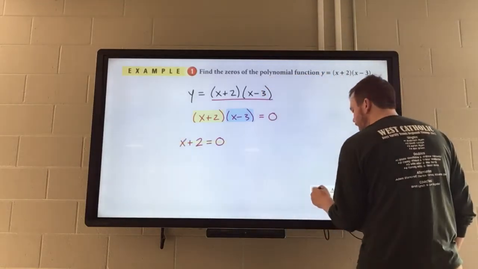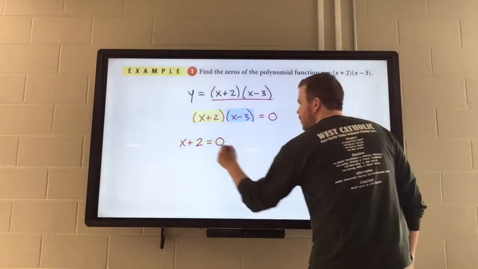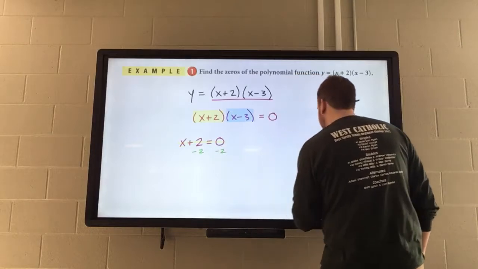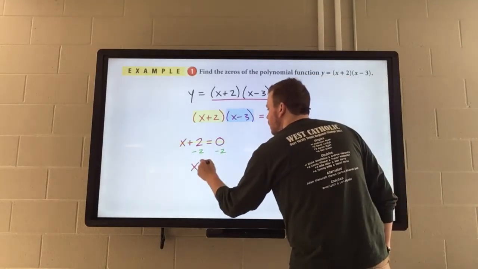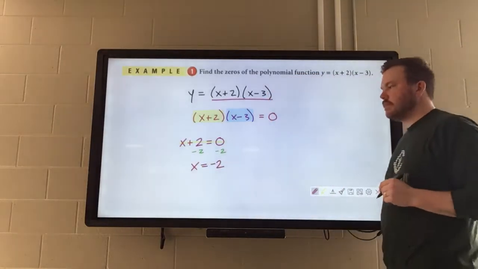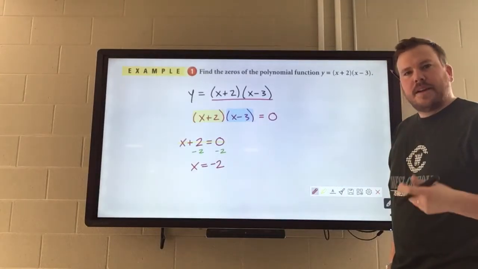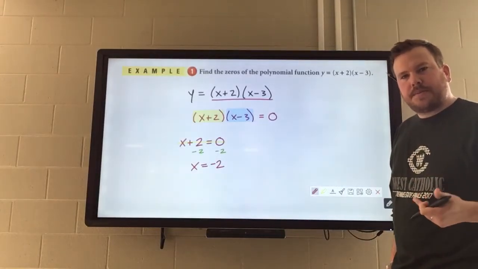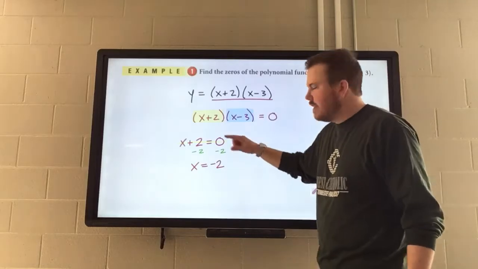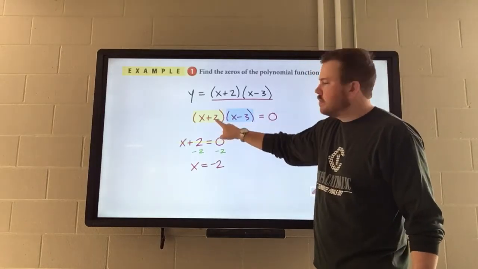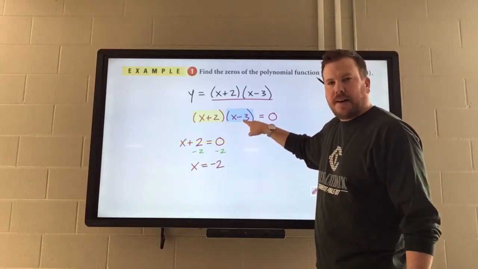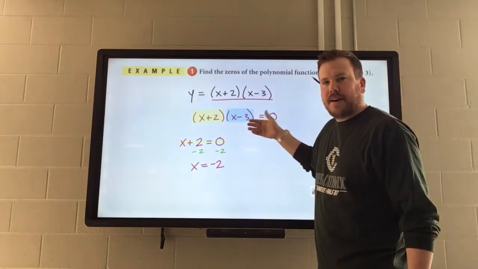In order to solve this, I would subtract 2 from both sides, leaving me with x is equal to negative 2. So negative 2 is one of the zeros of this function, because if we plug that back in, negative 2 plus 2 is 0, negative 2 minus 3 is negative 5, but 0 times negative 5 equals 0.